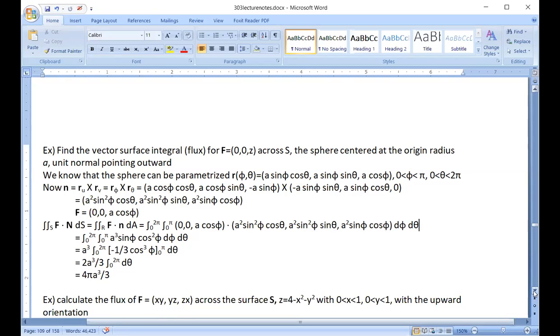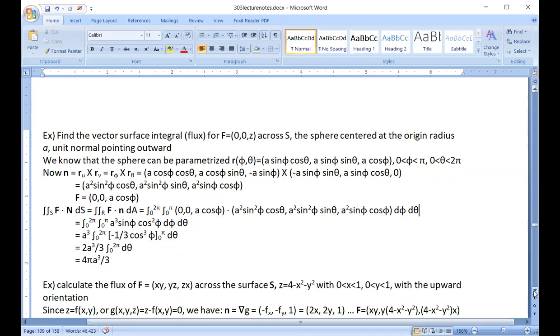So the main thing is to note that this surface is written with z as a function of xy. And we know that's a special case, which gives us some nice shortcuts. So we know that the normal vector, little n, is just going to be negative fx, comma negative fy, comma 1.